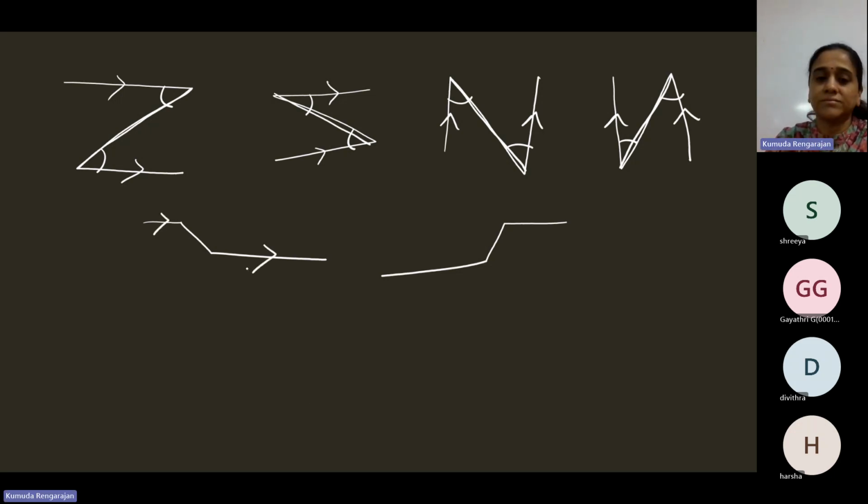So this one and this one are the alternate interior angles. They are formed in a Z. Alternate interior angles are formed in a Z formation, or a reverse Z, N, whatever.